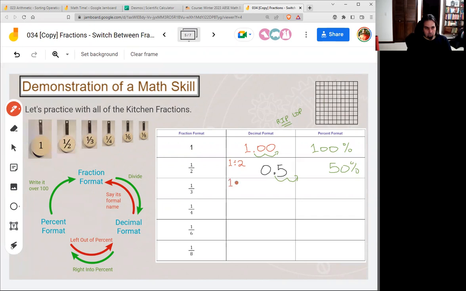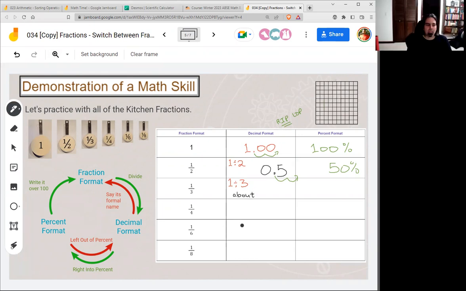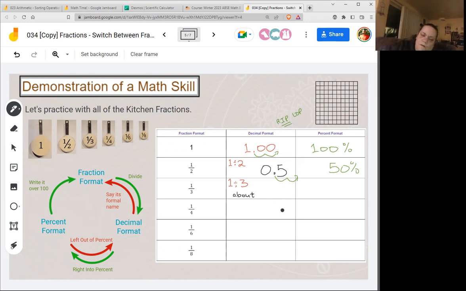If you do 1 divided by 3 on the calculator, what do you get? 0.33.